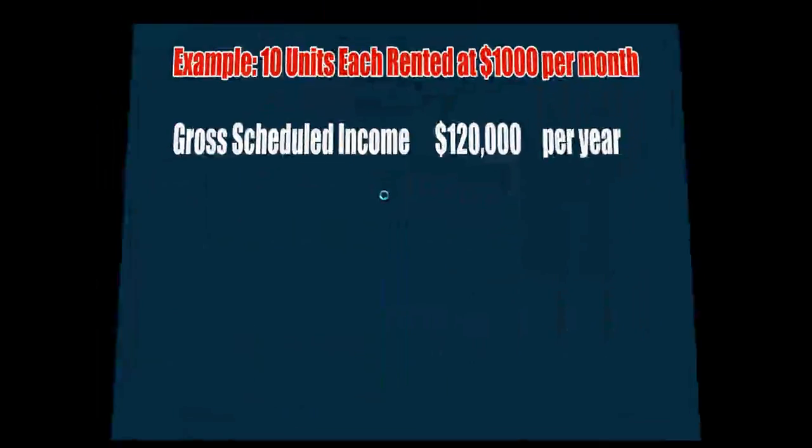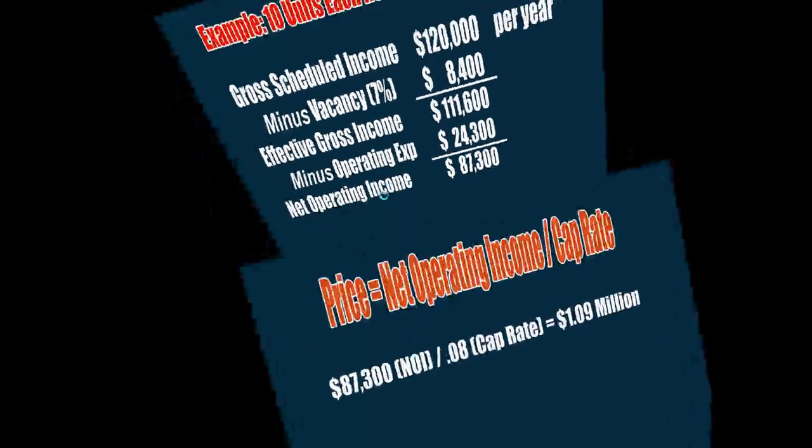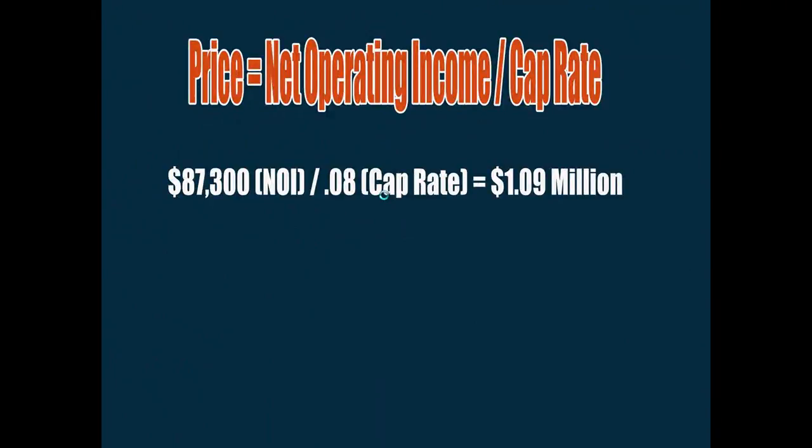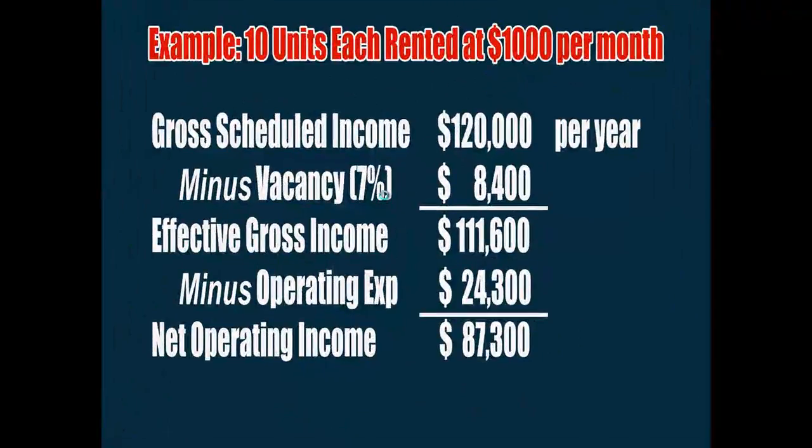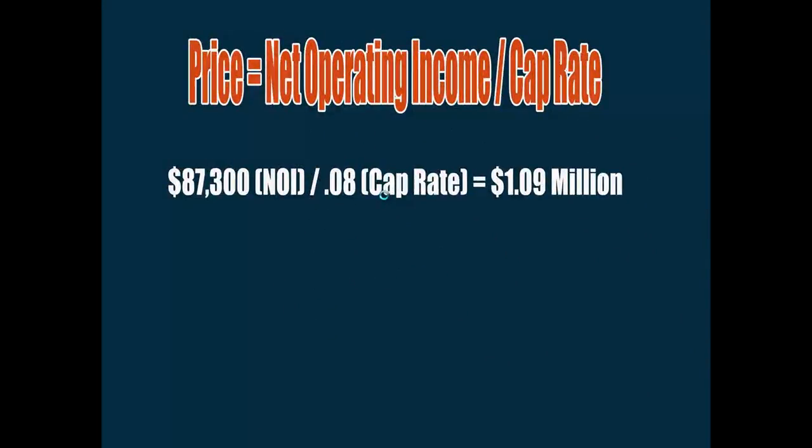But we look at these cap rates, and we have a tight range of 8 to 8.3. So we're going to take that $87,300 that we came up with as our NOI, and we're going to divide by the low cap rate, 8%, and we figure at 8%, that building is worth $1.09 million. That's what a likely buyer will pay for it at 8%.